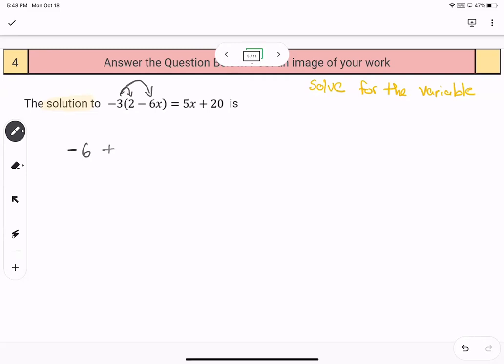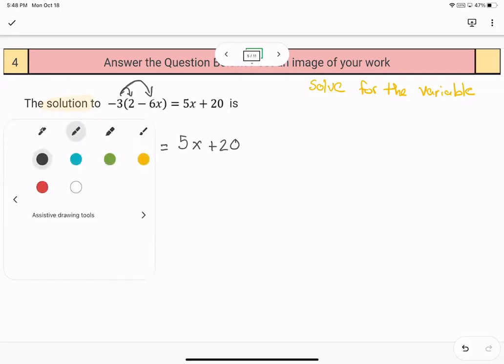So that gives us positive, not 6x, positive 18x is equal to 5x plus 20. Now we have this equation and we want to get the variable isolated. We want to quarantine that variable. We want to get it by itself.